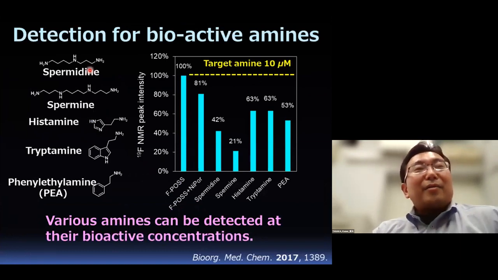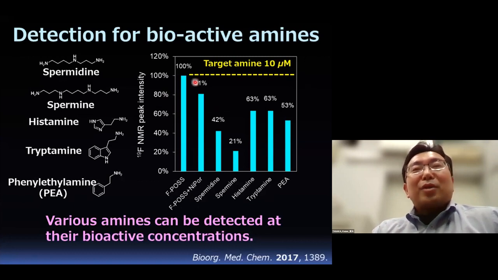By adding various types of bioactive amines, from the initial signal intensity, we observe lower intensity. This means the detection can be obtained, and 10 micromolar is the bioactive concentration.